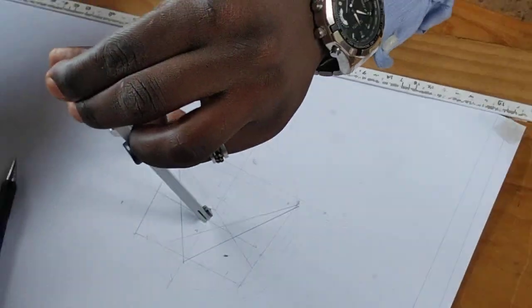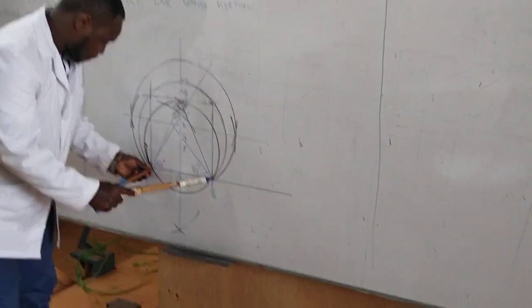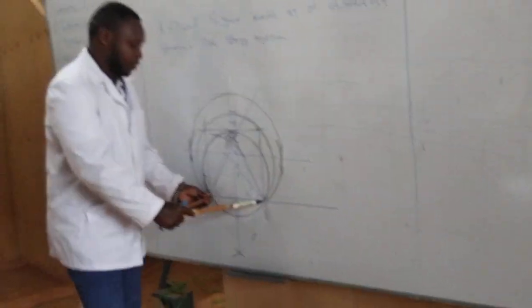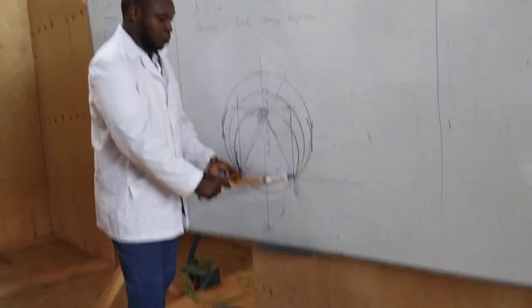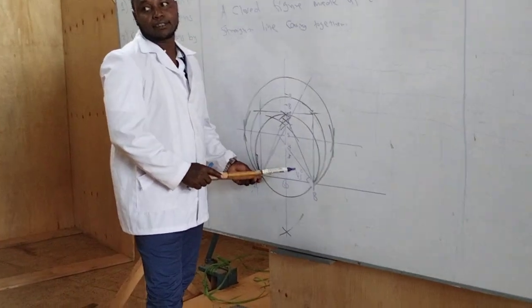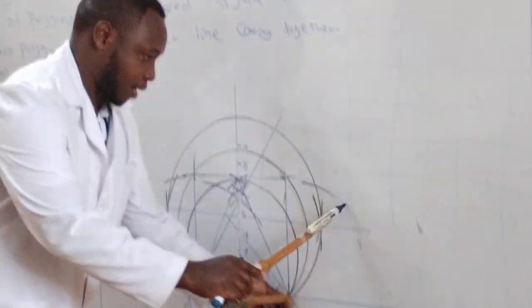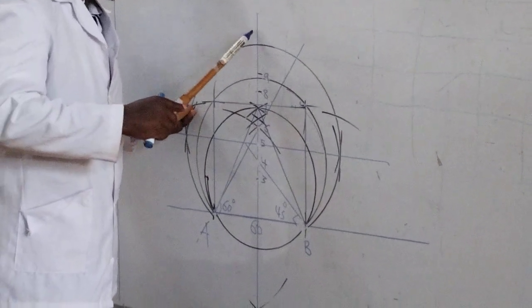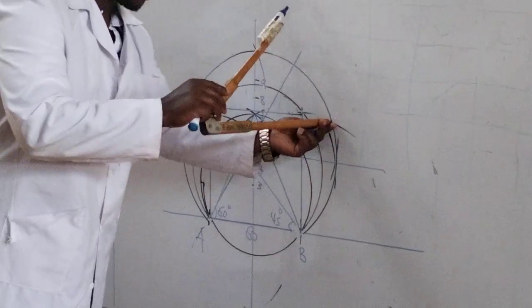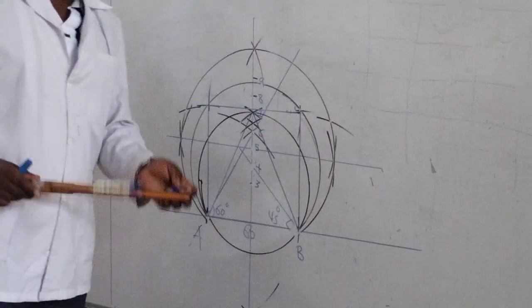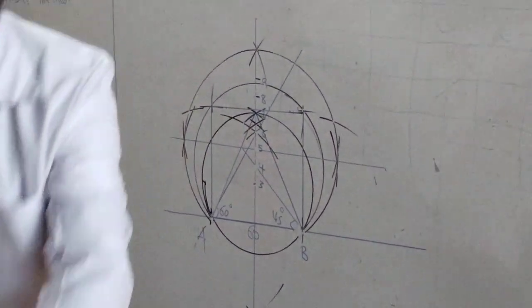Please don't do it. I will give you time to do it. Just follow my steps. Okay? So again you start at A to B, distance 60. We mark, stand at B, mark. Stand here, mark. Stand here, mark. Then you join.